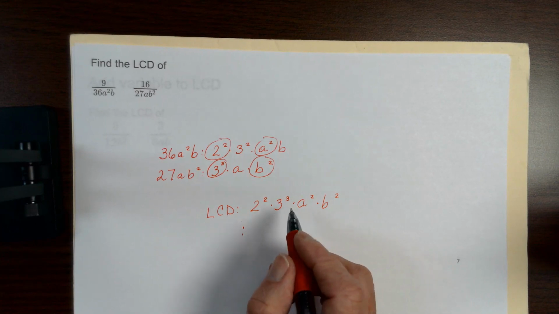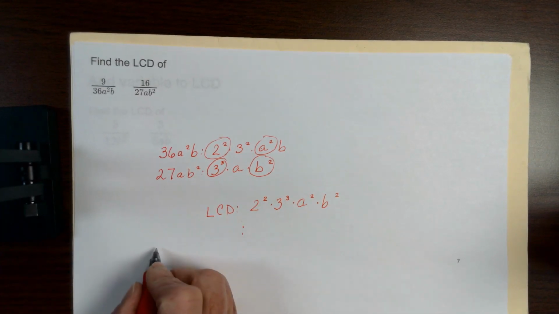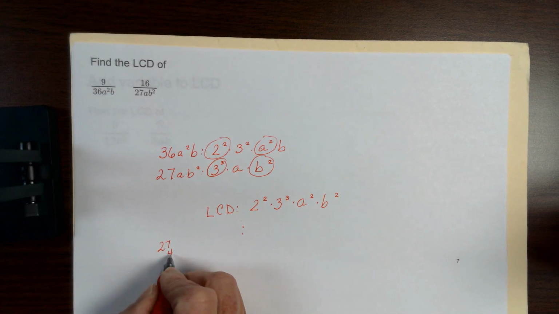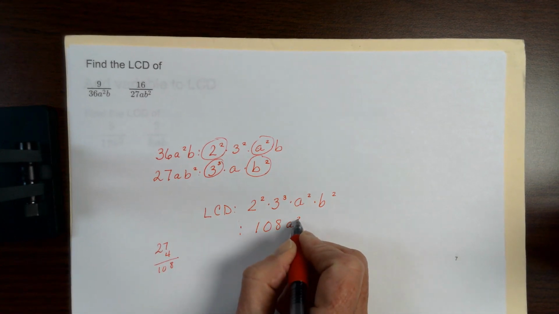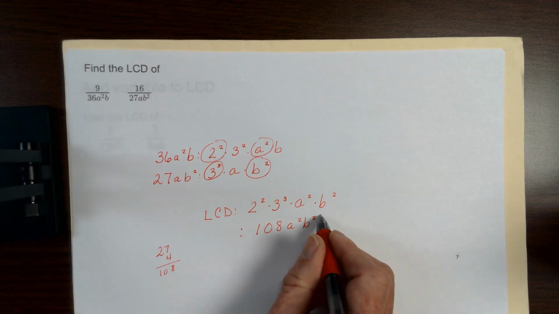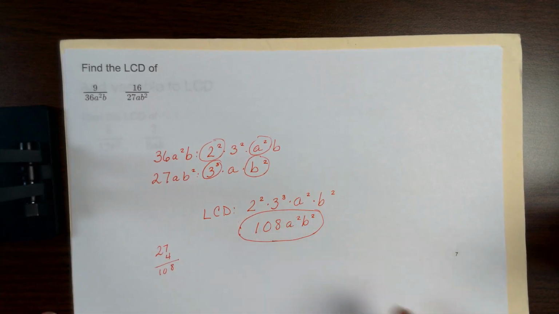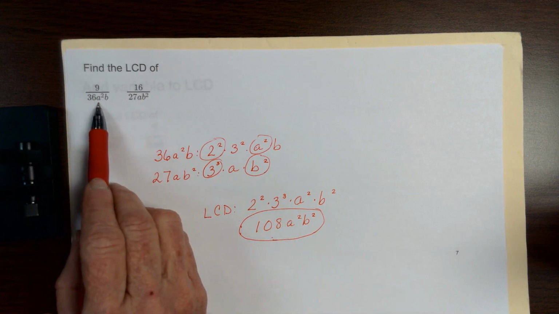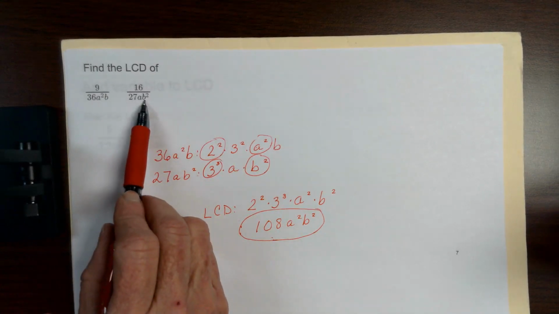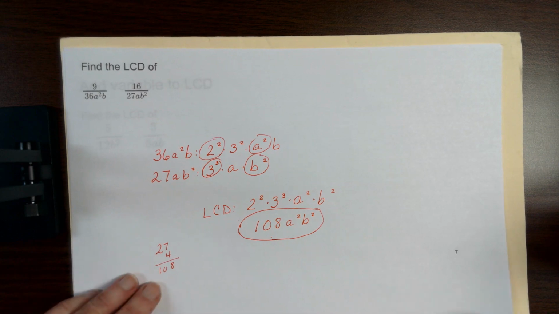Let's see. So 27 times 4 is going to give me 108. So I have 108 a squared b squared, and that would be the least common denominator. The smallest number that can be divided into, and that can be divided into.